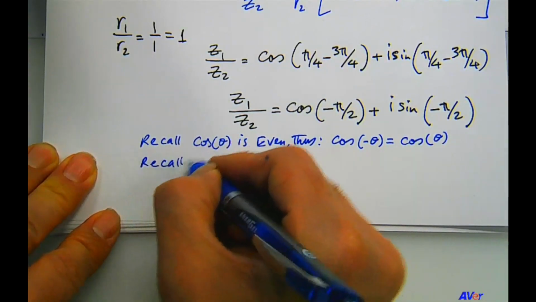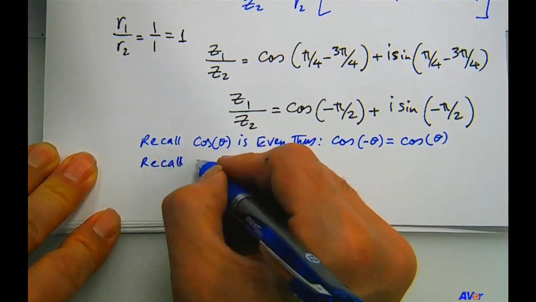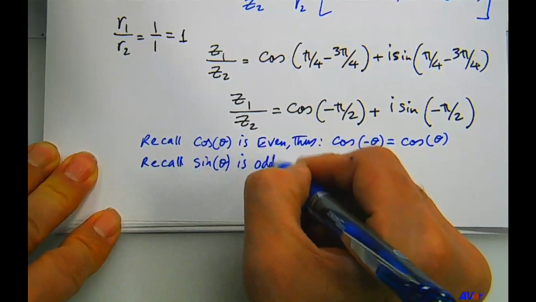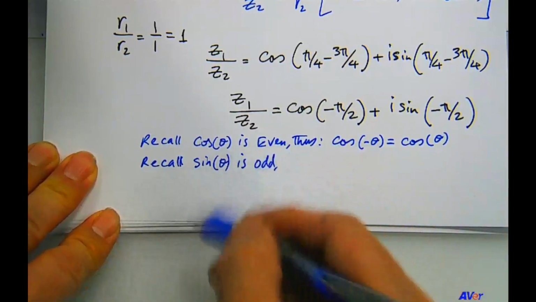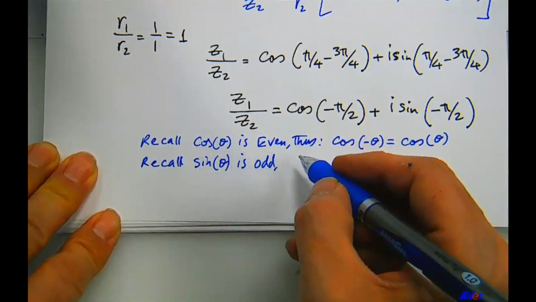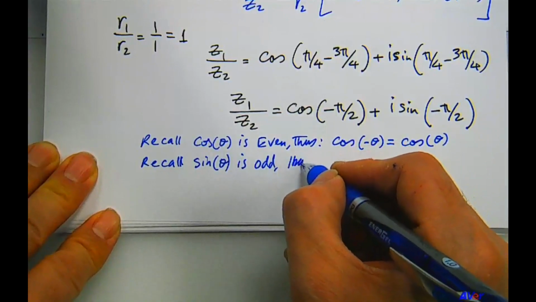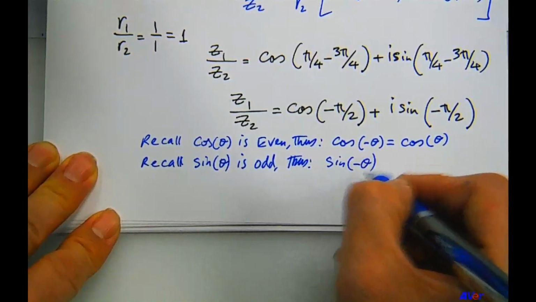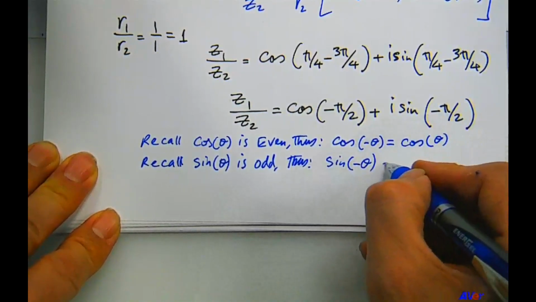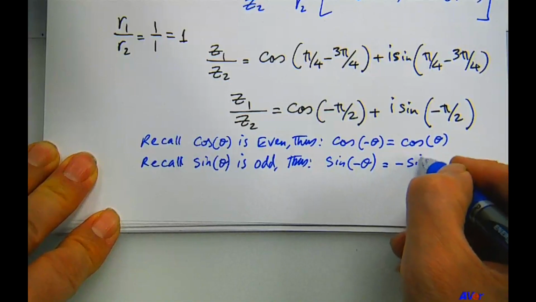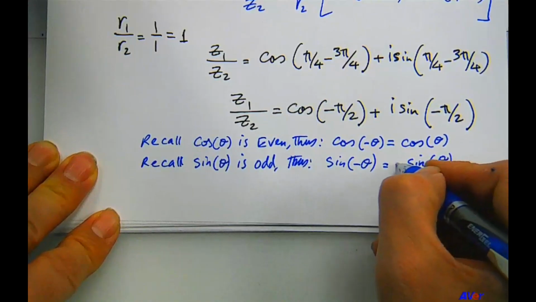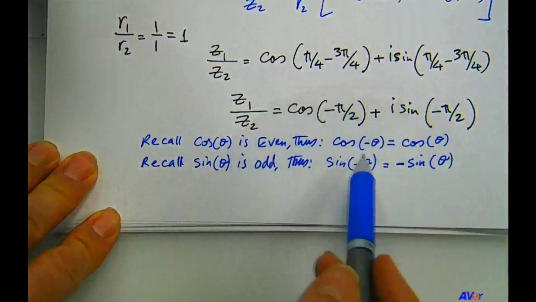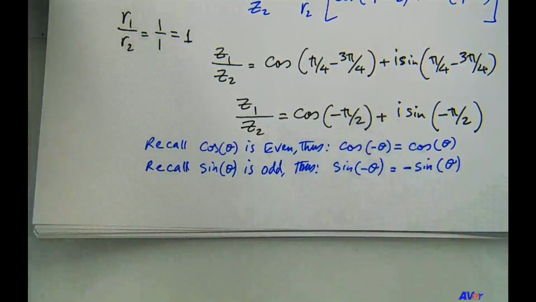Recall that sine of theta is an odd function. That's the even-odd function we talked about several sections ago, right? Thus, sine of minus theta, which would be this case, is equal to minus sine of theta. Remember that? So then let's simplify this according to these rules for even and odd functions.